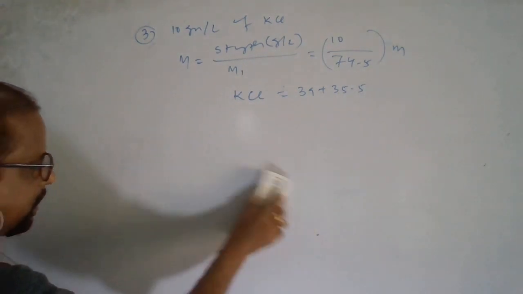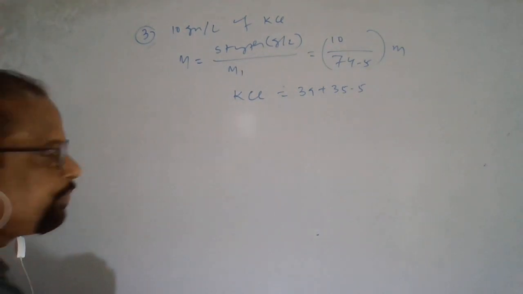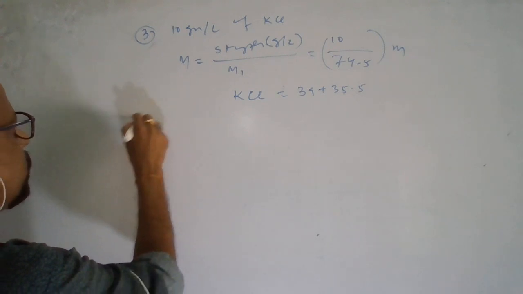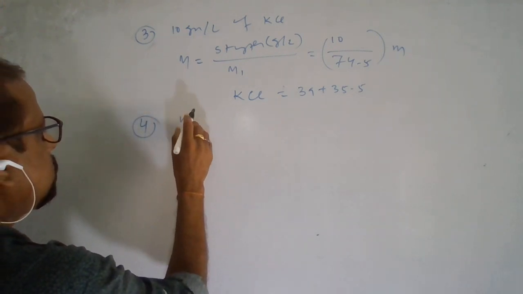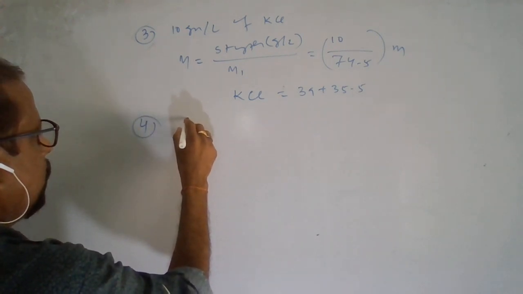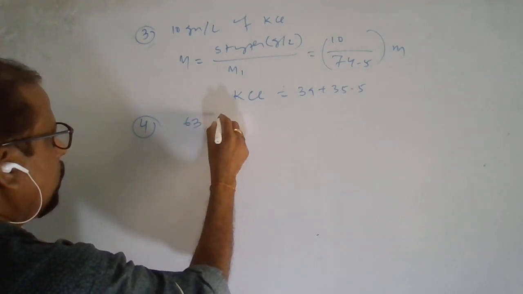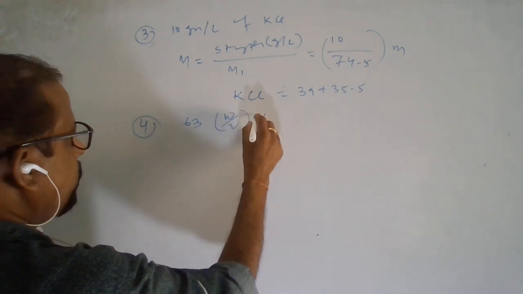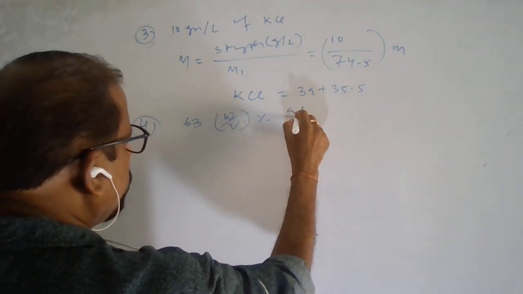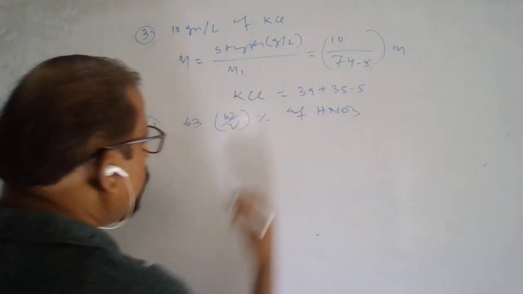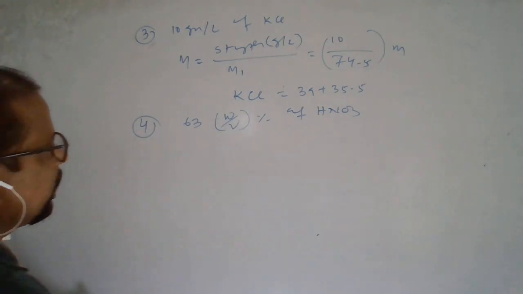Another thing we will see, that is the fourth question. 63 W by V percentage of HNO3. What is the molarity of the solution?